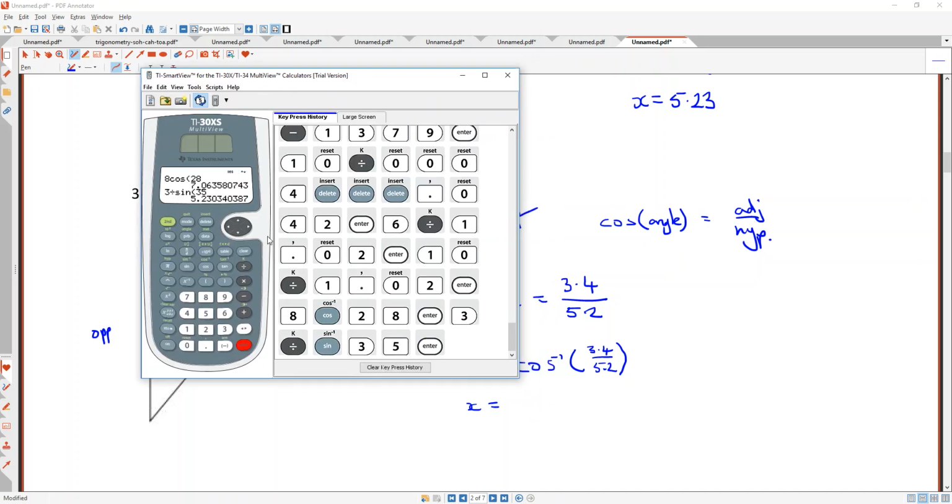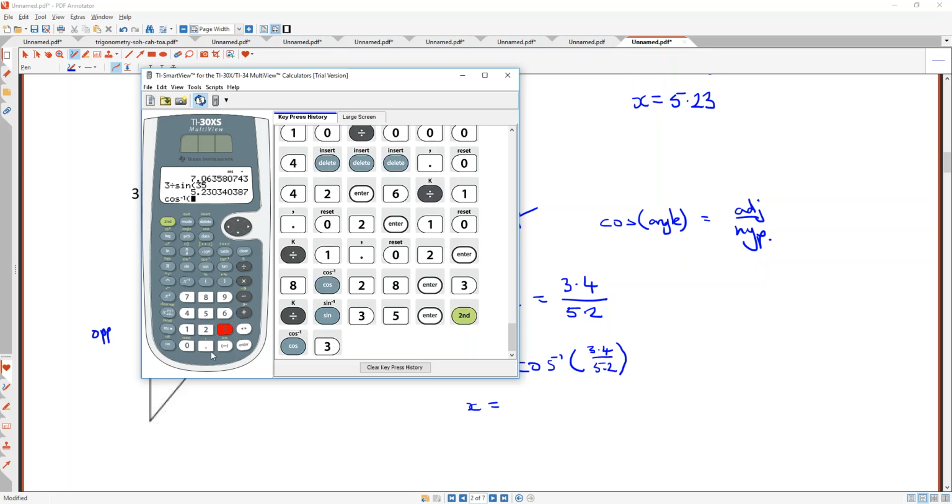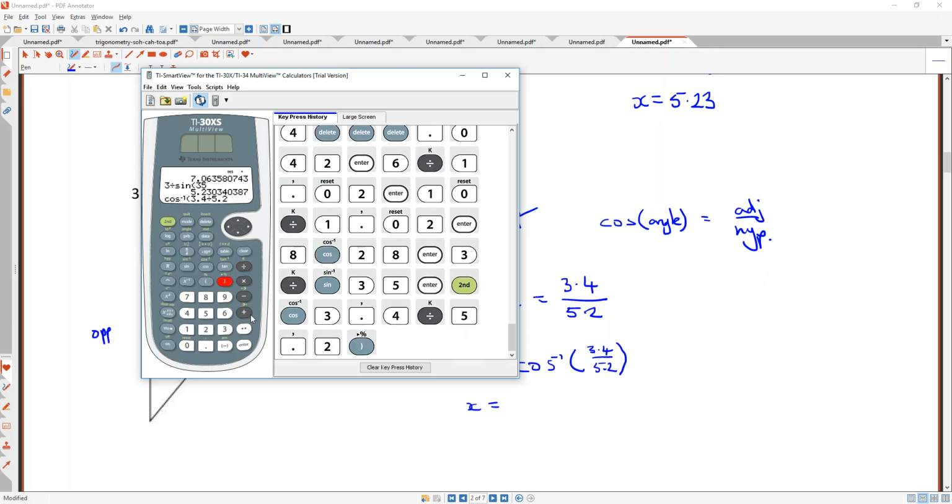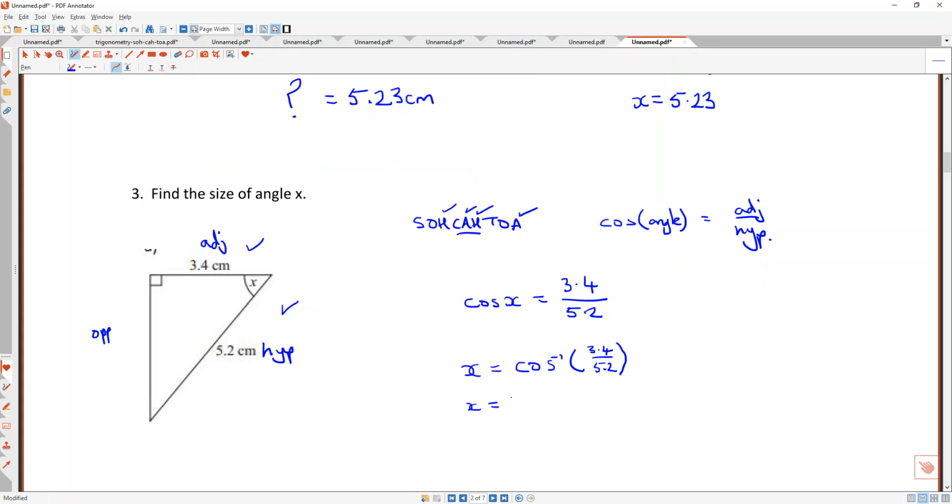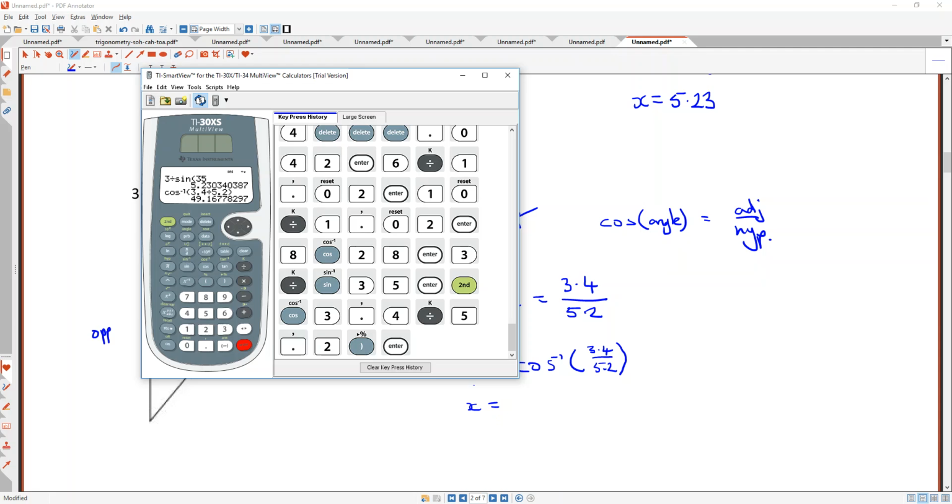Now, to get inverse cos in your calculator, it's this one, okay? So I have to do second cos 3.4 divided by 5.2 equals, and I get my angle 49.1.